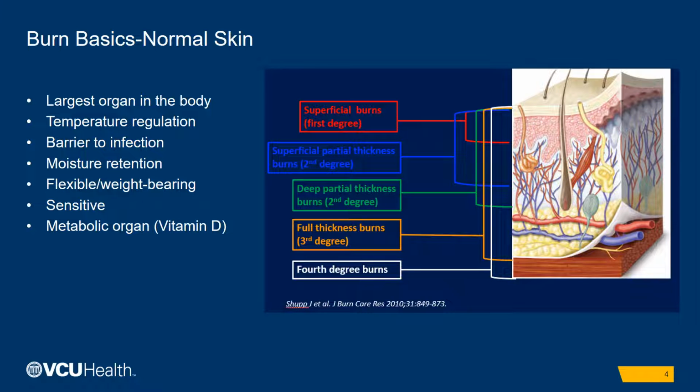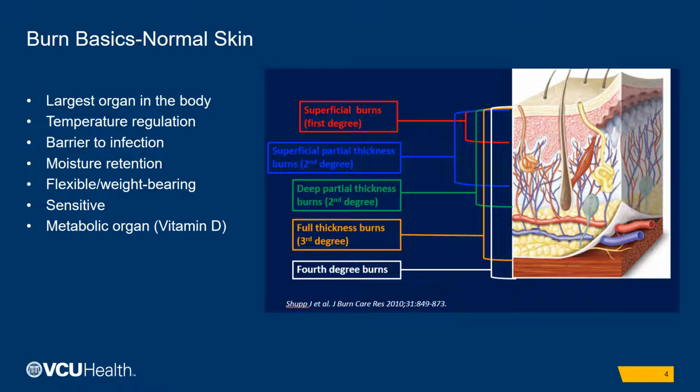The difference with those deep partial thickness burns is that they behave more like a full thickness burn because they impact or nearly destroy the reticular dermis, the very bottom layer of dermis that constitutes the majority of its structure. Full thickness burns are relatively self-explanatory.